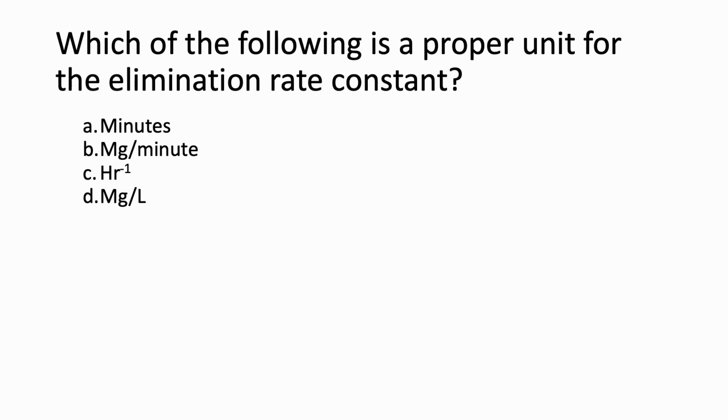So C is the correct answer for first order kinetics. However, in zero order, the unit is mass per time. So here, B, milligram per minute, is a unit for an elimination rate constant of a drug that follows zero order kinetics.